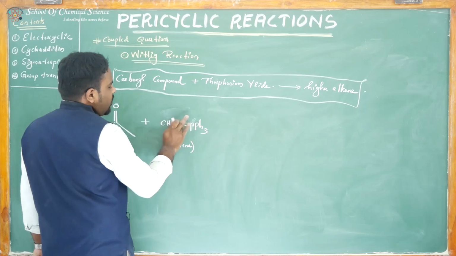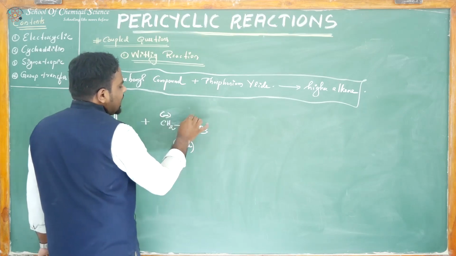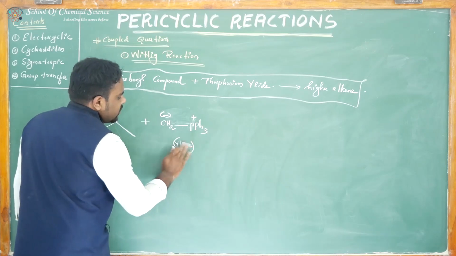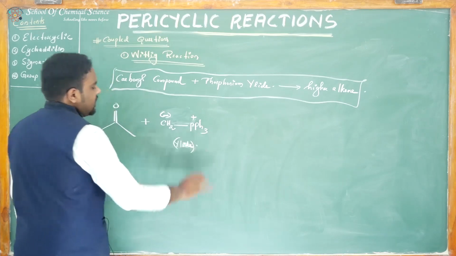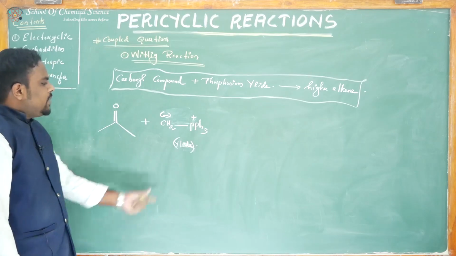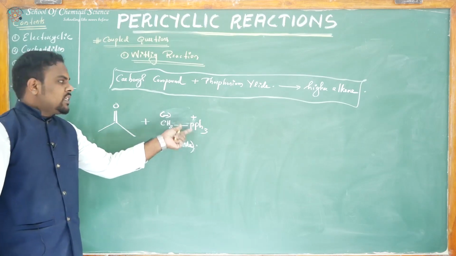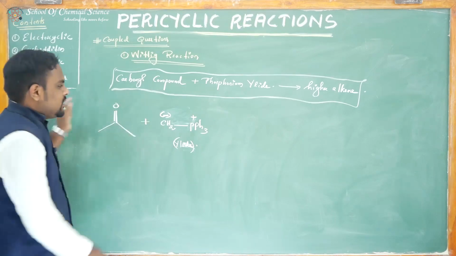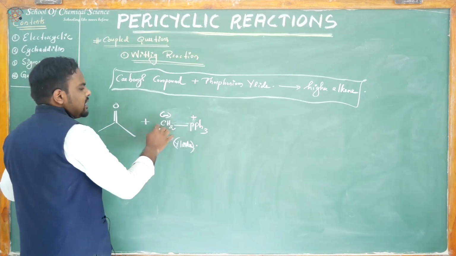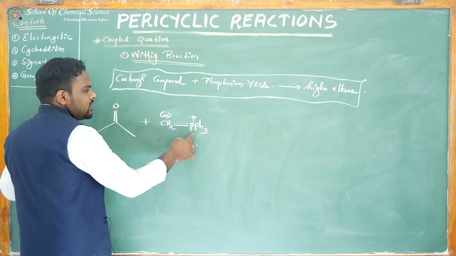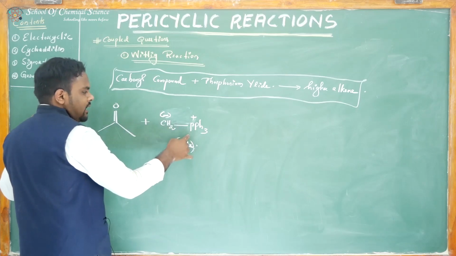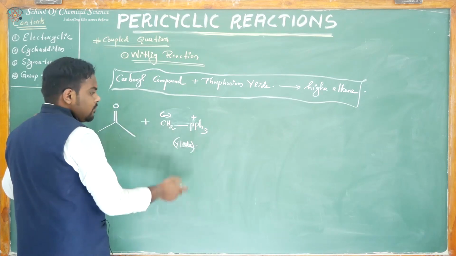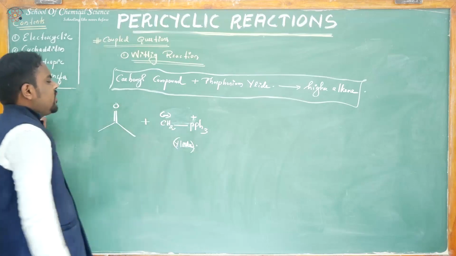So the form of ylide is CH2 minus, PPh3 plus. Phosphorus contains a positive charge, the neighboring carbon a negative charge, and when two opposite charges are adjacent like this, it is called an ylide. Sometimes the question is given in ylene form also.